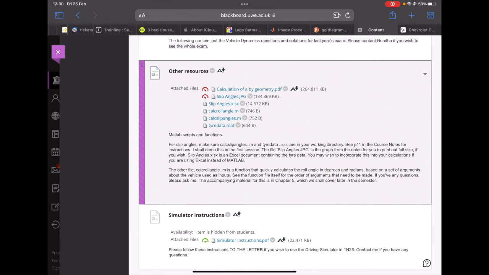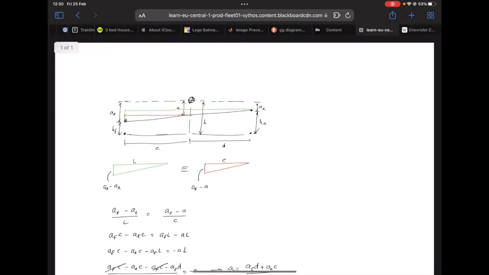You going there? Okay, so that's the picture on the side of the car. There's your centre of gravity. This is your roll axis. There's your HF and HR. So you can work out F and L.